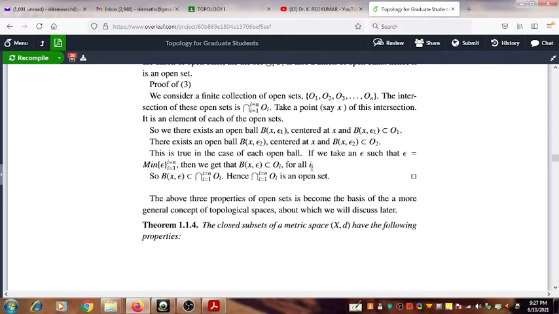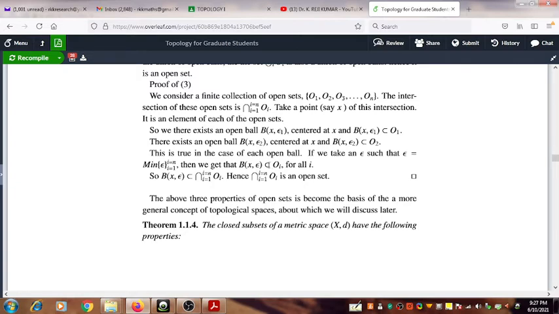Clearly it is a positive real number, and we can now define a new ball B(x, epsilon). Clearly this B(x, epsilon) contains x, and it is contained in each Oi, in each open set.